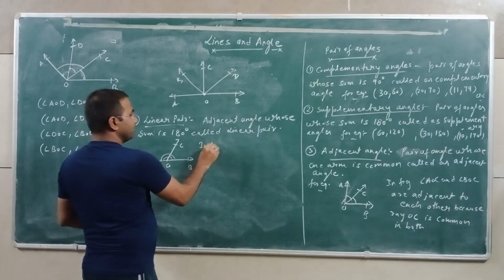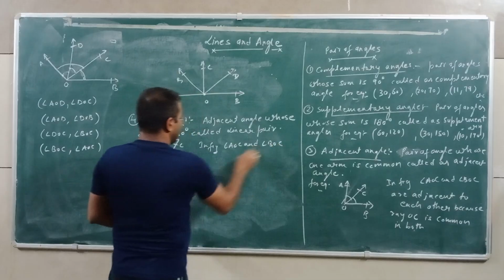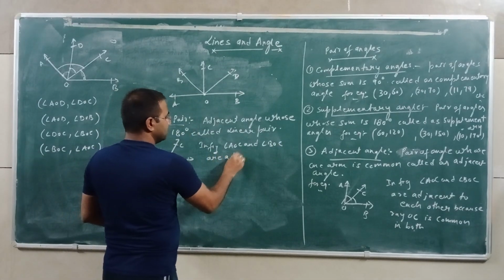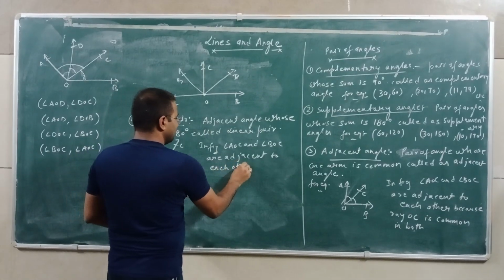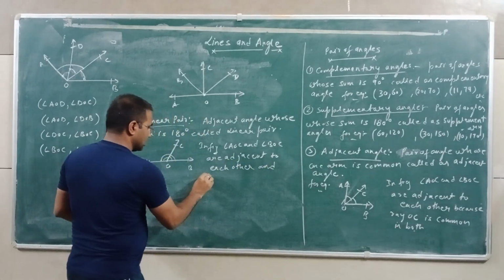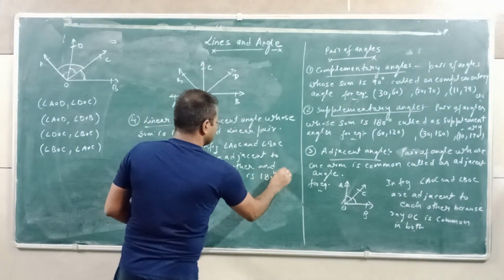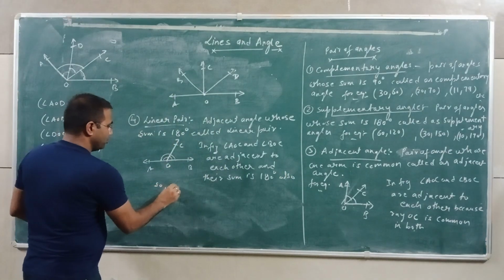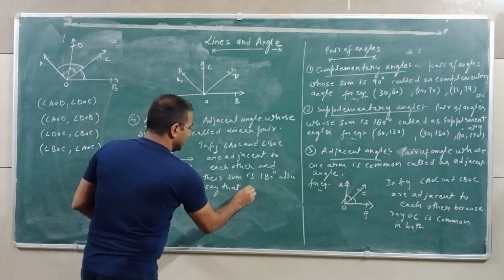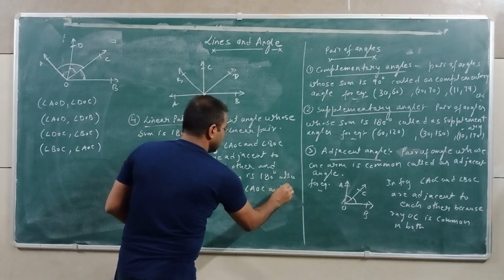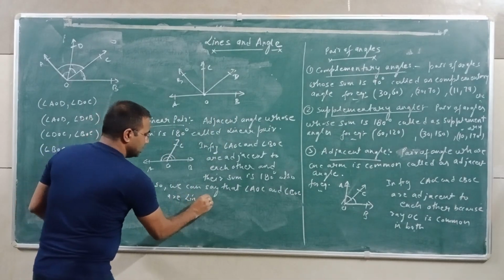So in the figure you can see angle AOC and angle BOC are adjacent to each other and their sum is 180 degrees also. So we can say that angle AOC and angle BOC are a linear pair.